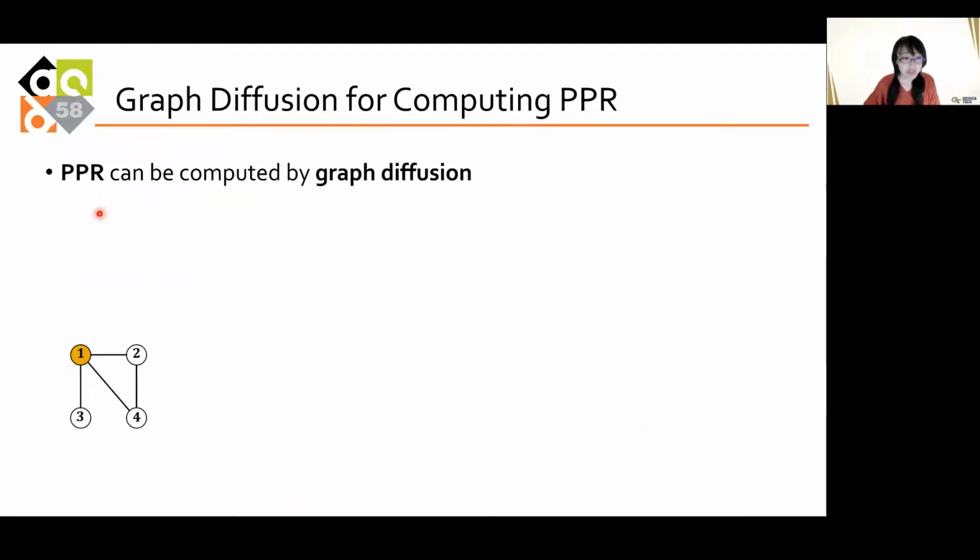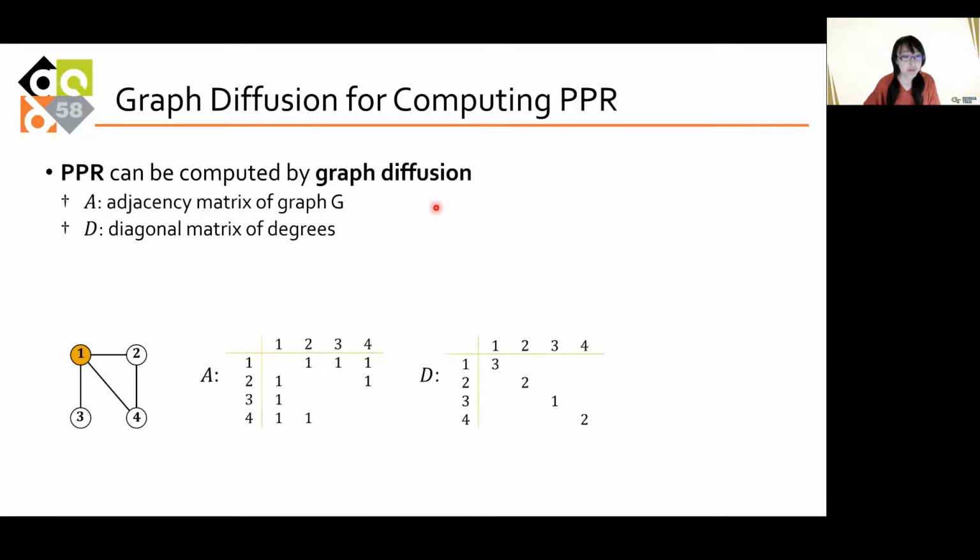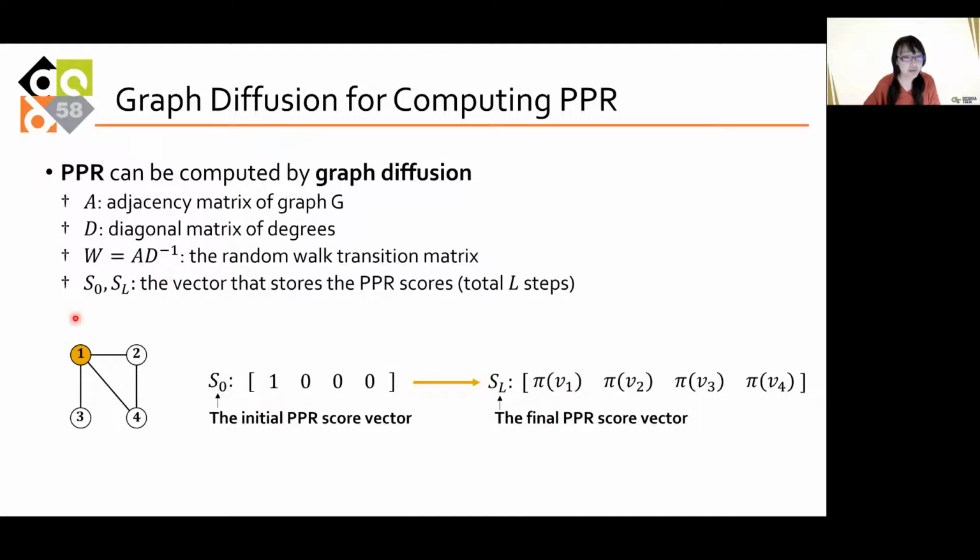Alternatively, PPR can also be computed by this graph diffusion algorithm. Here are some terminologies. We have a graph G, and we have its adjacency matrix A, and we have its diagonal matrix of degrees D. And we have a random walk transition matrix W that can be computed from A and D. We also have two PPR vectors, S0 and SL.